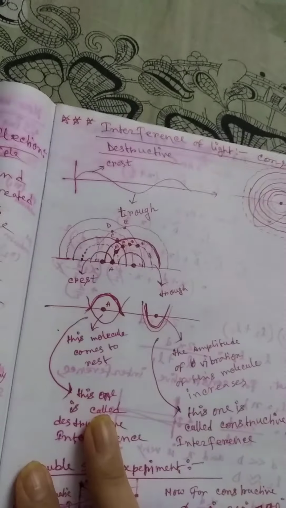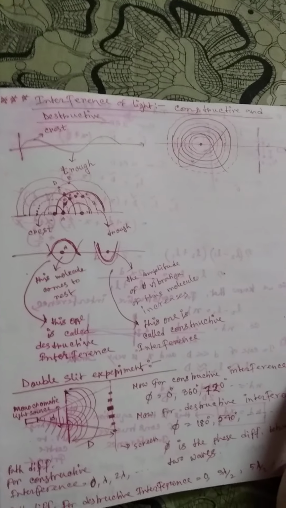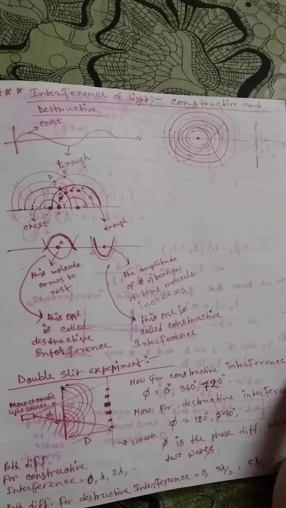Next, I will discuss interference of light. So basically, what is the meaning of interference?